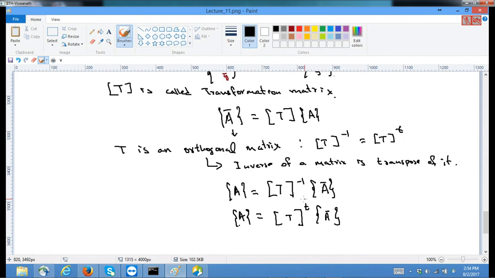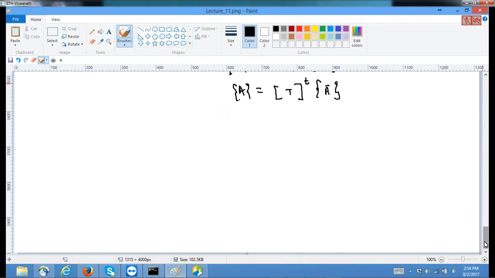Using this property, we will try to write the stiffness matrix of our given problem. Now this is the important result.